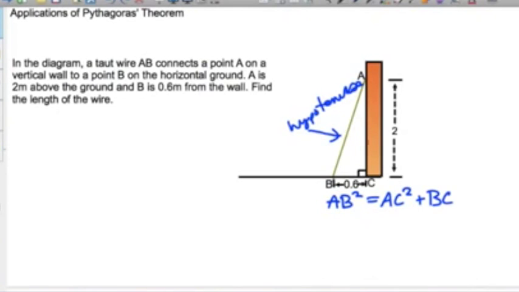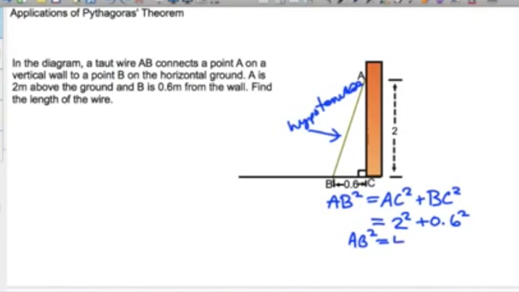I'm just using these letters to note the distances. It's not so much that they're specific letters that I'm using, but just to talk about the specific distances. So that means AB squared is going to be 2 squared plus 0.6 squared.